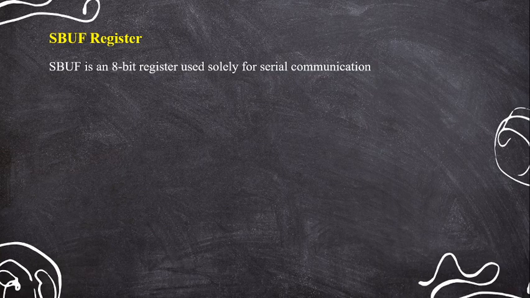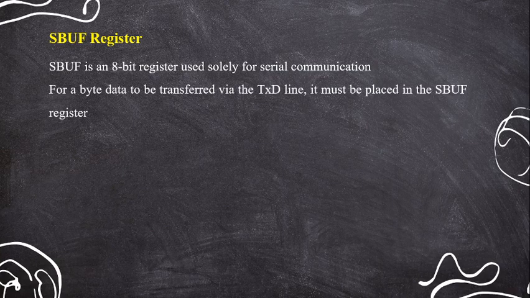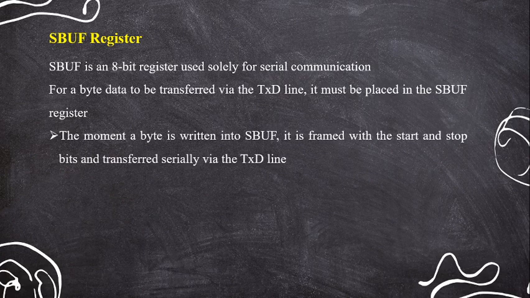Whatever data has to be transmitted should be available in the SBUF register. For a byte of data to be transferred through the TXD line, that is the transmission line, it should be placed into the SBUF register. The moment a byte is written into the SBUF, it is framed with the start and stop bit. The controller internally takes care of framing the information.